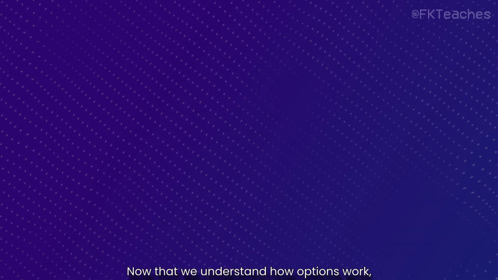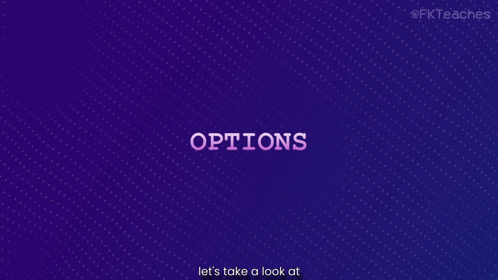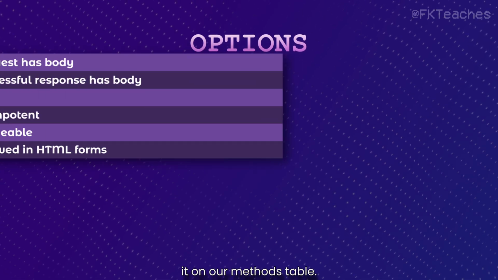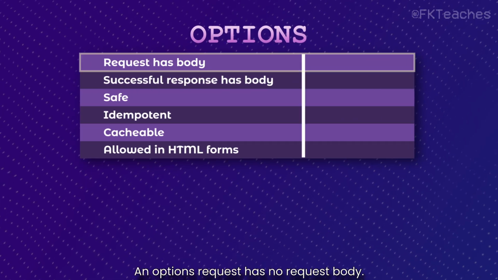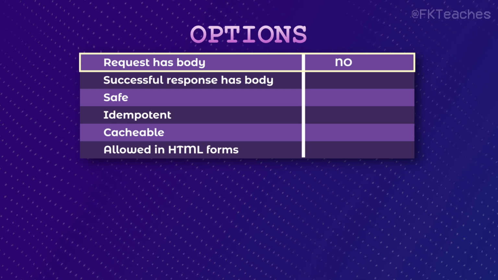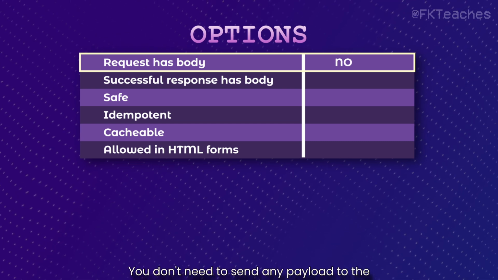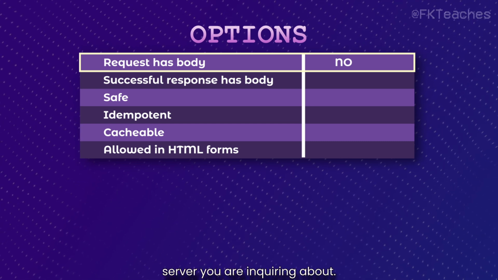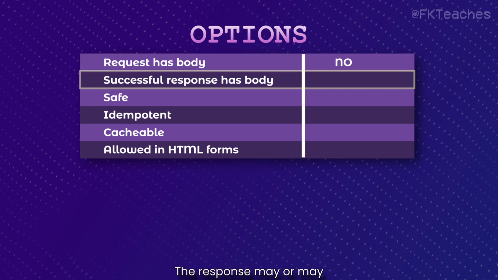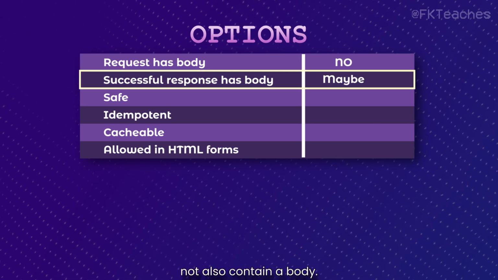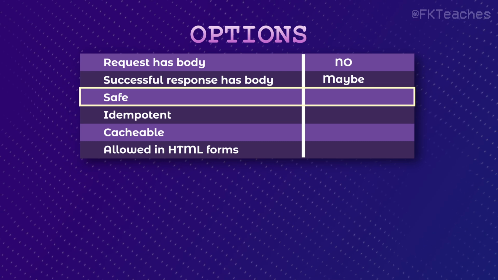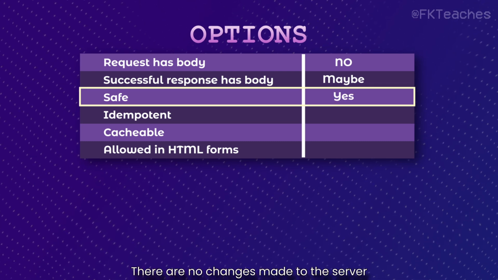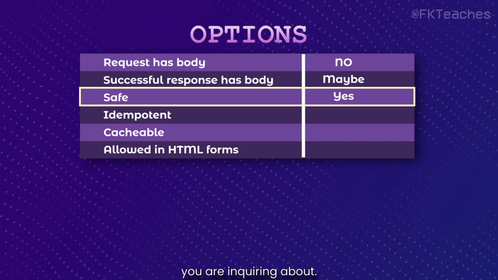Now that we understand how options work, let's take a look at it on our methods table. An options request has no request body. You don't need to send any payload to the server you are inquiring about. The response may or may not also contain a body. Is it safe? Very much. There are no changes made to the server you are inquiring about.